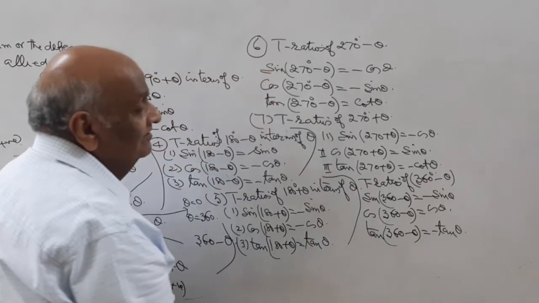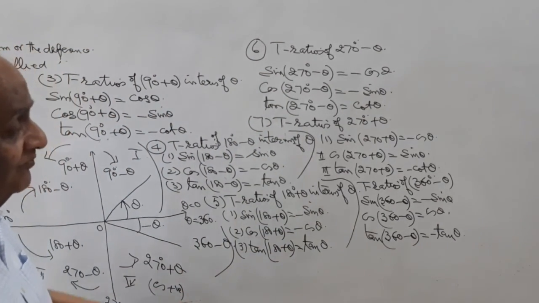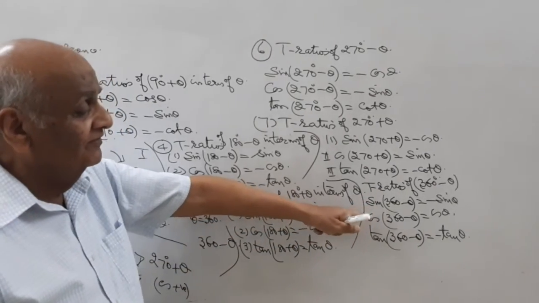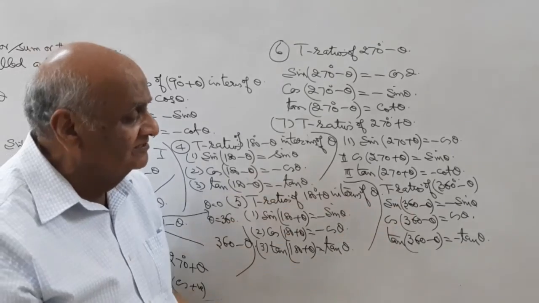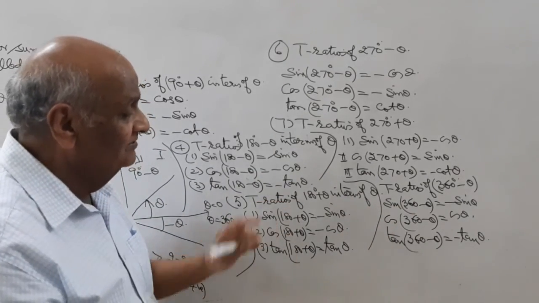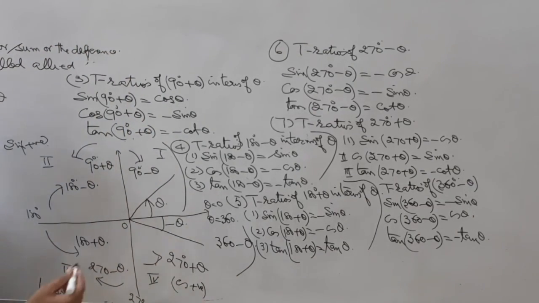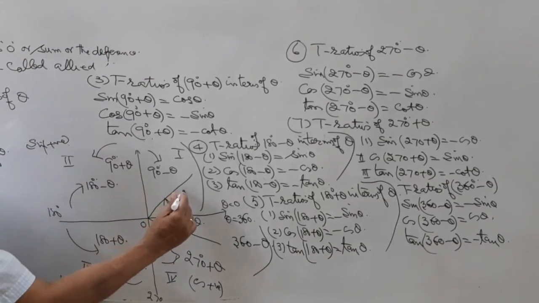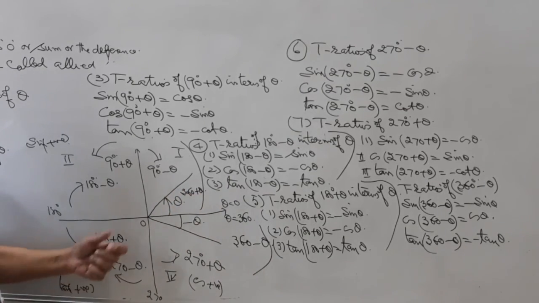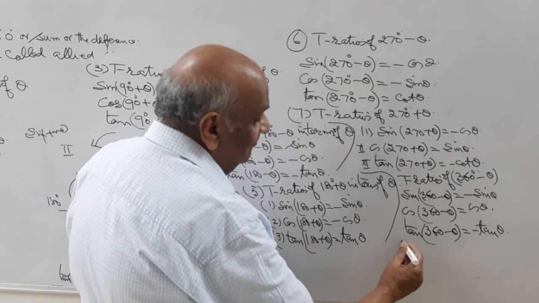That means now you are able to study the position of the revolving line and corresponding to that the T ratios of angles like 360 minus theta and so on. But when you go for 360 plus theta, see from the figure, it is again the first quadrant. And the nature of the T ratios will be as it is, as of theta only.